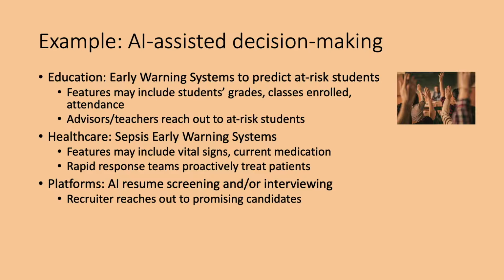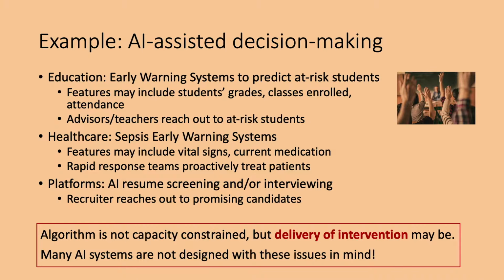You flag who you think the promising candidates are, and then recruiters will act on those. These are all capacity-constrained interventions in the exact same way. Here, the algorithm is not capacity-constrained, but what is capacity-constrained is the delivery of these actual interventions through people, through capacity-constrained resources. And so all of these will face the same issues that we talked about up until now.